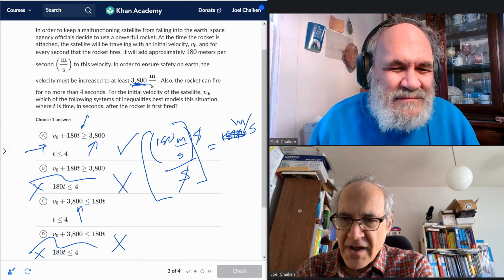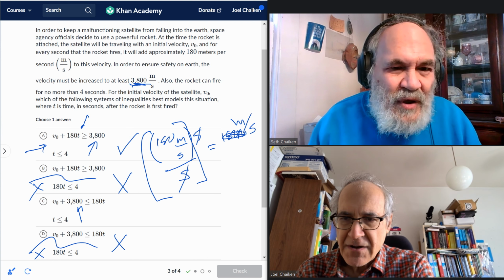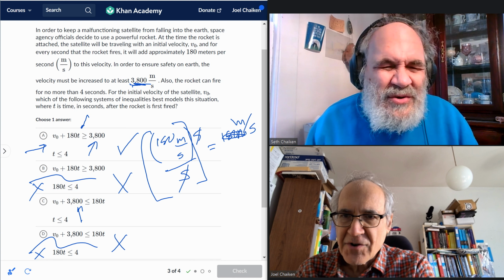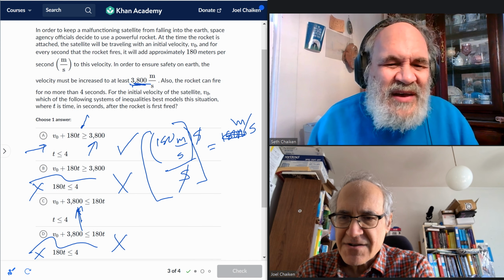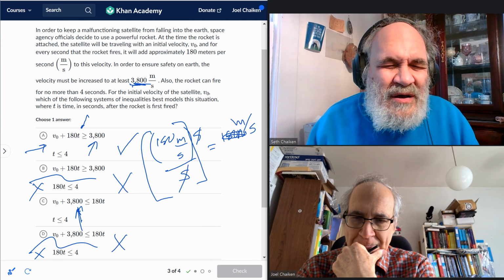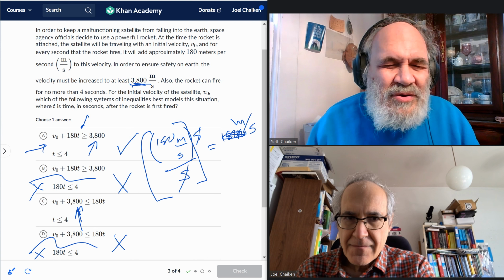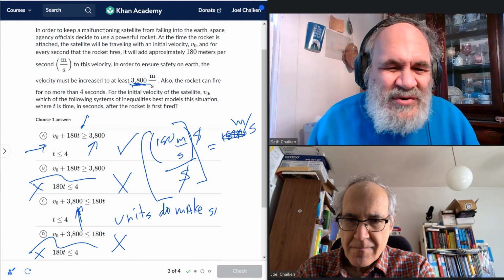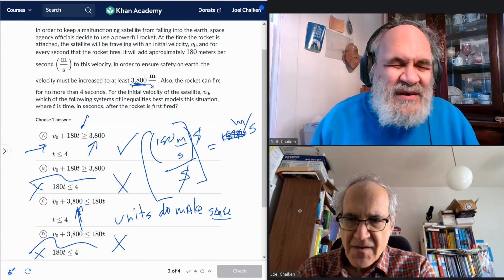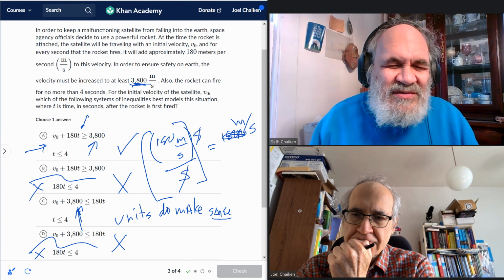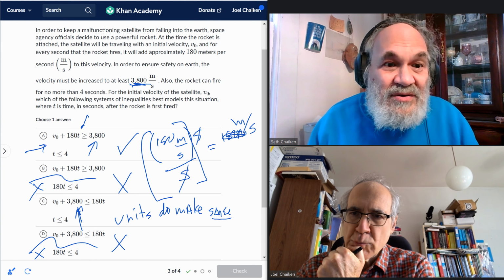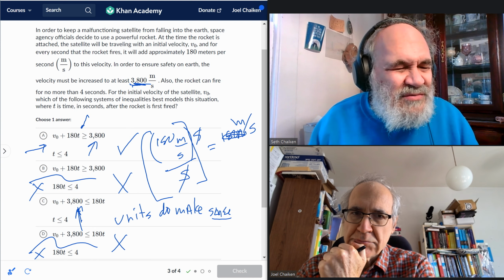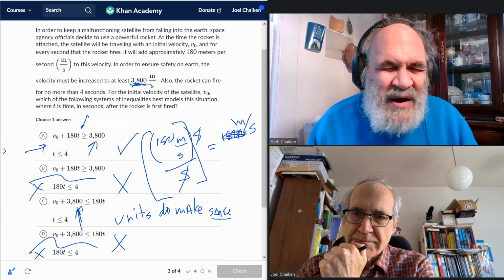Well, the units of C do make sense, in C's first inequality all 3 terms have the same units. But the statement is different from what the condition of the problem is.